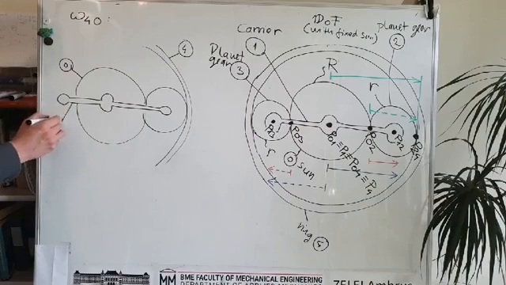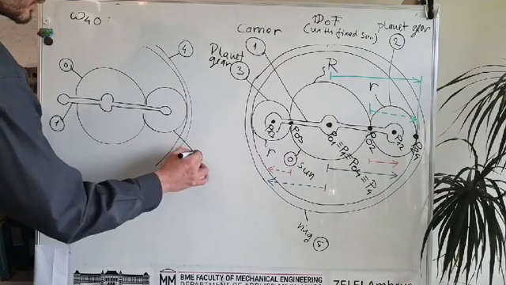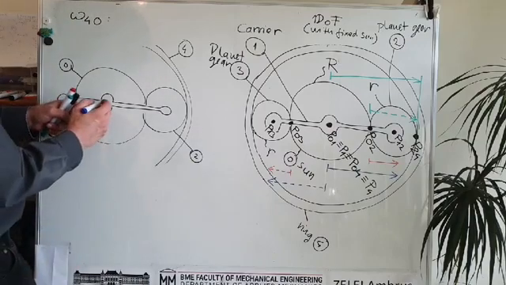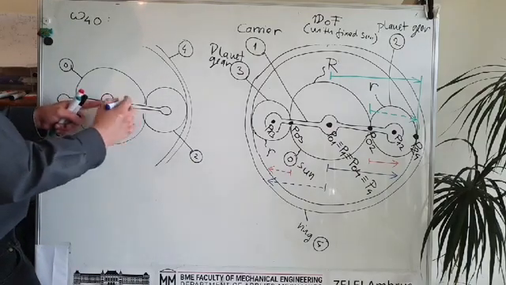Okay, so this is the ring, this is the sun, and this was rigid body number 1, and this is rigid body number 2. As we said, the velocity changes linearly, so the input velocity was given and it was omega 1.